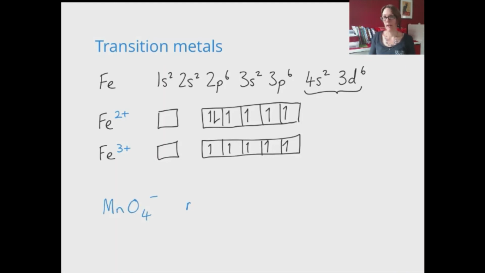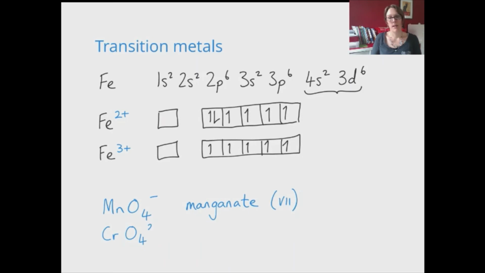They're not genuinely losing that many electrons. So this one would be manganate(VII), because my 4 lots of oxygen give me an oxidation of -8. The whole thing has a -1 charge, so the manganese has a +7 state.